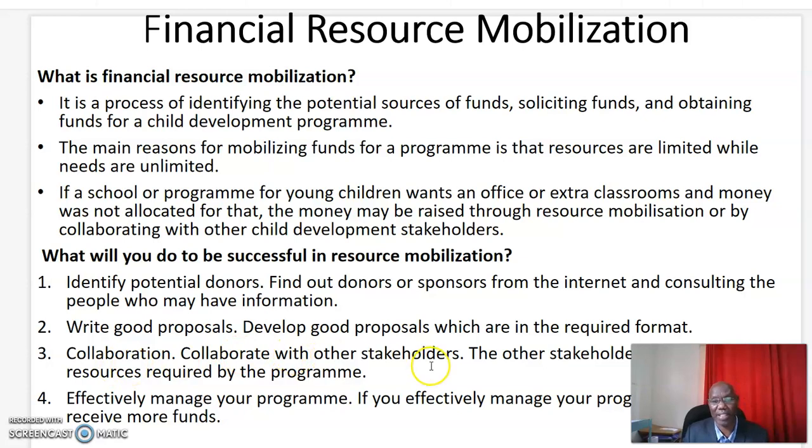Collaboration. Collaborate with other stakeholders. The other stakeholders have the resources required by the program. And lastly, effectively manage your program. If you effectively manage your program, you stand a big chance of receiving more funds from the donors.